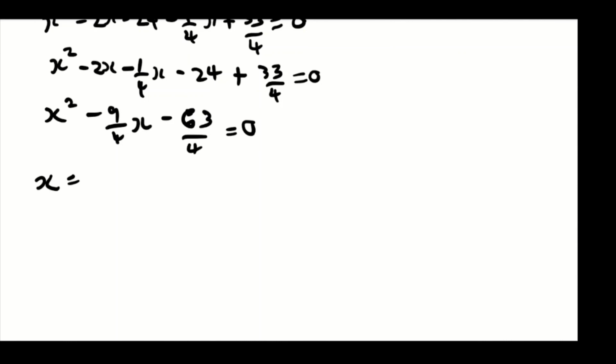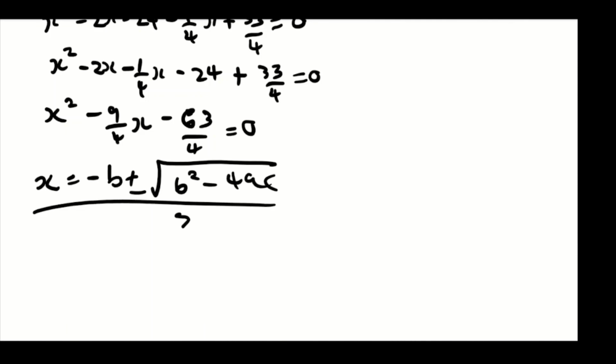I will use the quadratic formula, minus b plus or minus the root of b squared minus 4ac, divided by 2a, of which our a value is equal to 1. Let me write the 1. Our b value is equal to minus 9 over 4, and our c value is equal to minus 63 over 4.